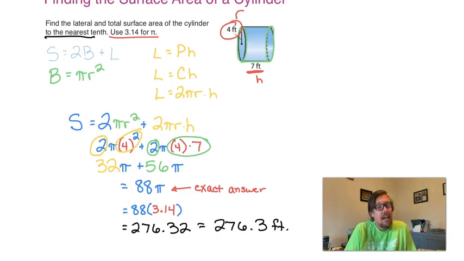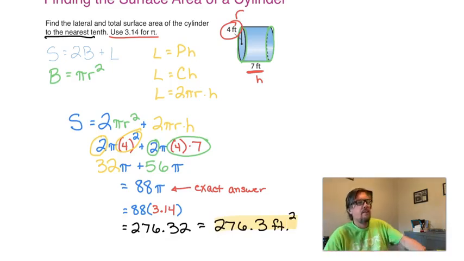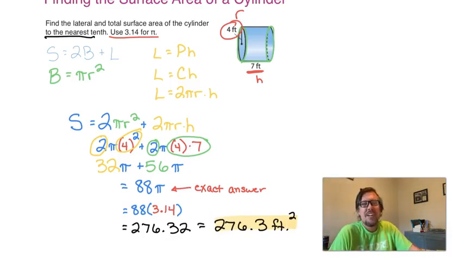And because this is area, all area measurements are units squared, so 276.3 square feet. And that's how you find the surface area of a cylinder. Pretty much the same as finding the surface area of a prism, except because they're circles, the formulas do look a little scarier because they've got pi in them, but it's basically the same.